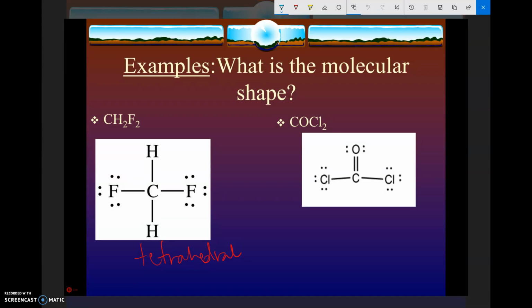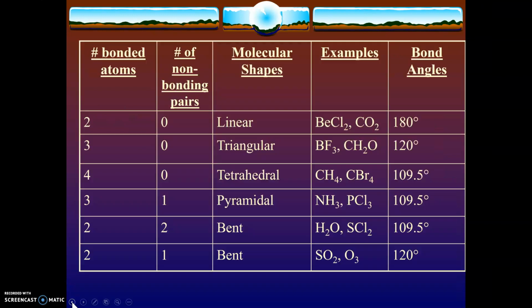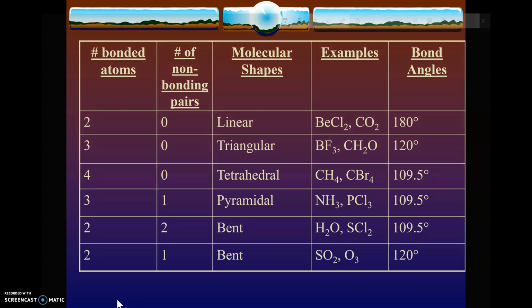Okay, let's look at the next one. COCl2. Again, we're going to look at the central atom. Here on the central atom, we've got 1, 2, 3 atoms that are bonded to it. Notice how we have a double bond, and that doesn't matter because we're counting the number of atoms. And then, are there any lone pairs on just this carbon, the central atom? The answer is no. So that's going to be a 3 and a 0. So if we go back to our chart, let's look for a 3, 0.